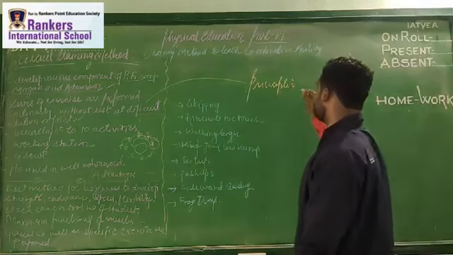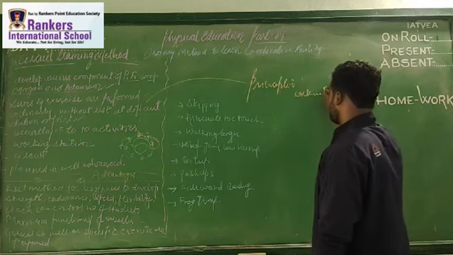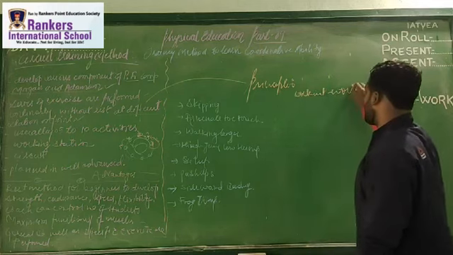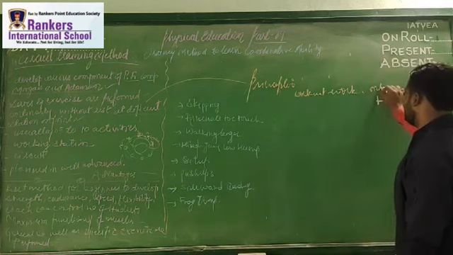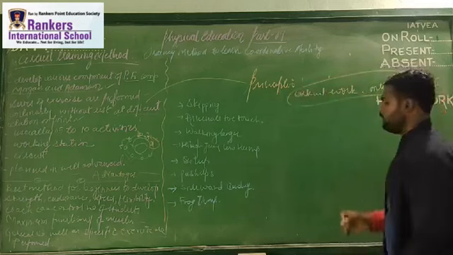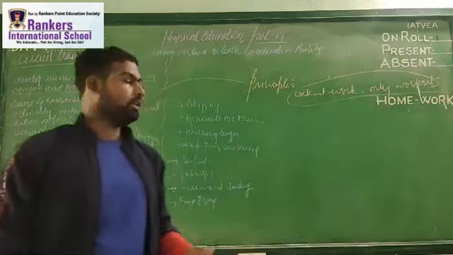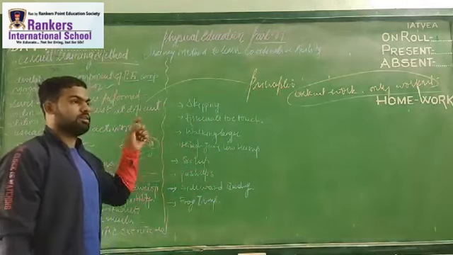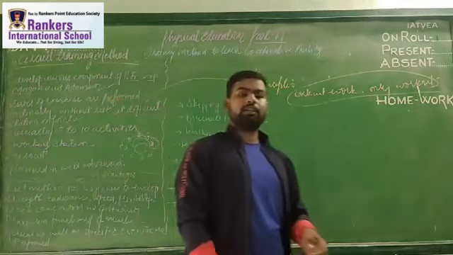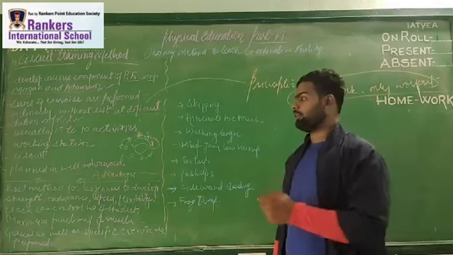The principle is workout, and only workout. There is no rest. Okay? There is no rest, only workout and workout. In this kind of training method, there is no rest, with a continuous series of exercises performed without any rest.